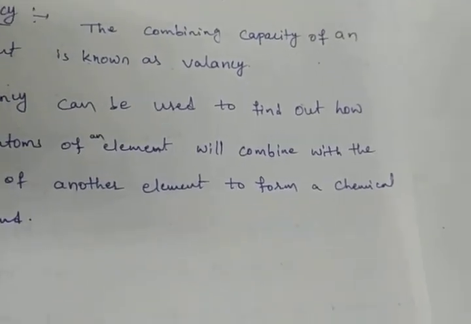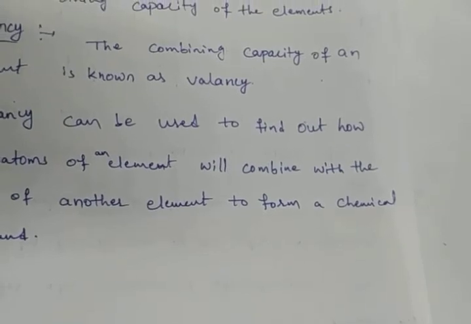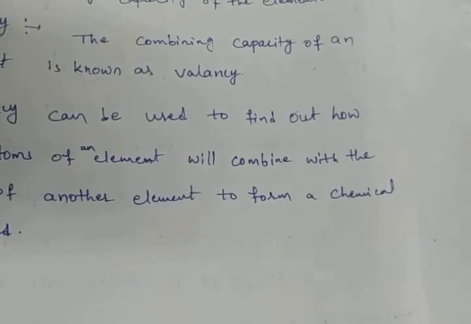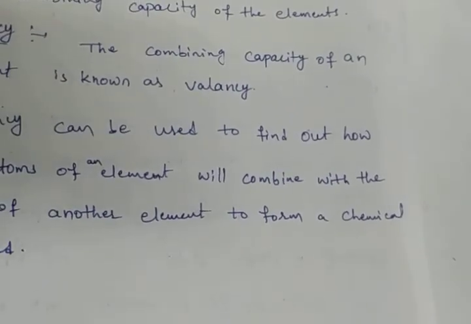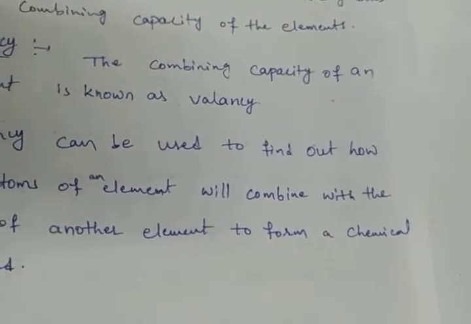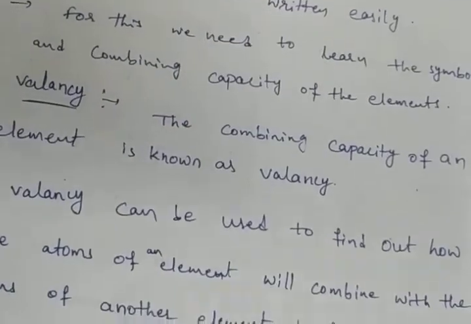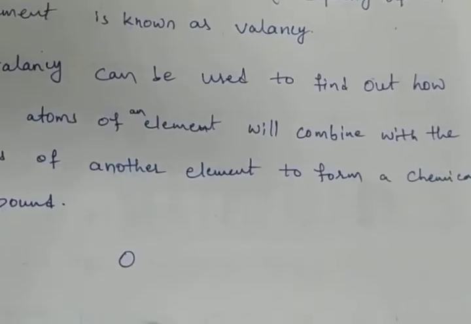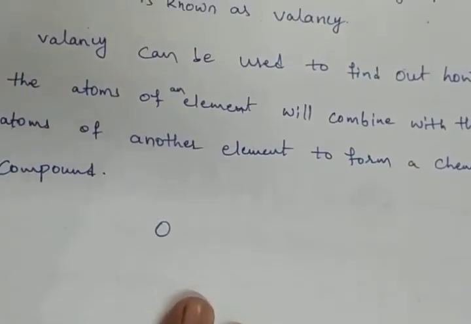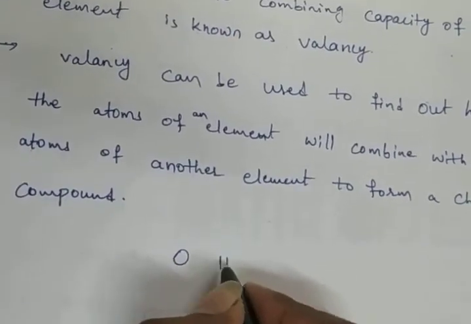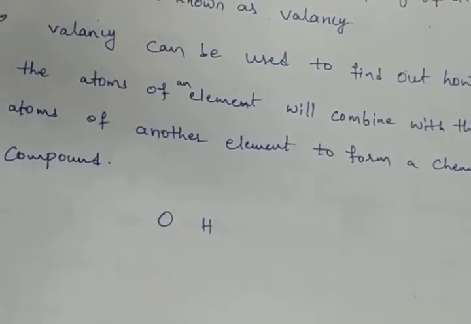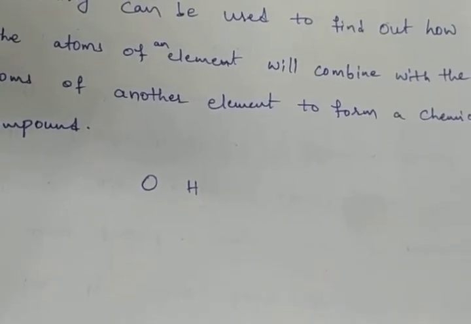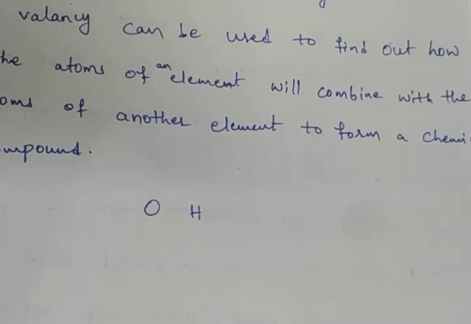Represent the octopus with oxygen and human with hydrogen. Can you write the formula of this combination? The octopus is O, oxygen, and the human is H. Now we can write the formula of this combination.